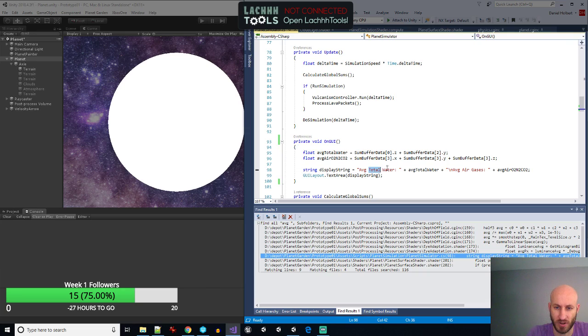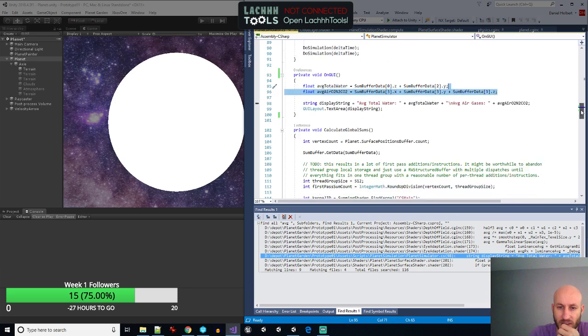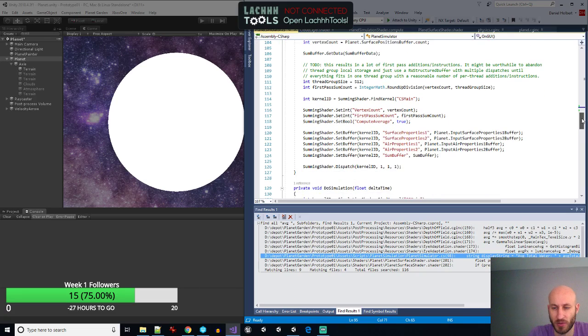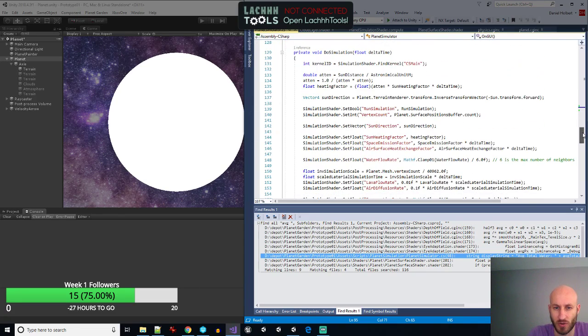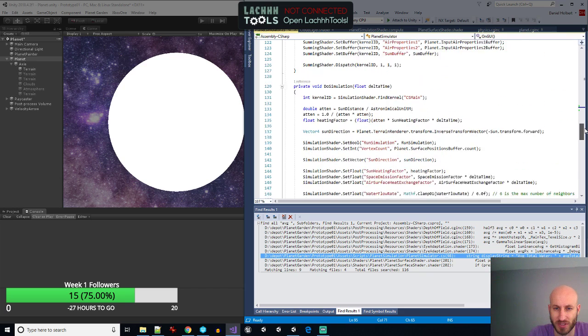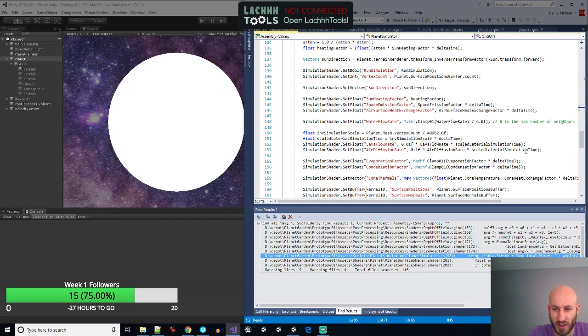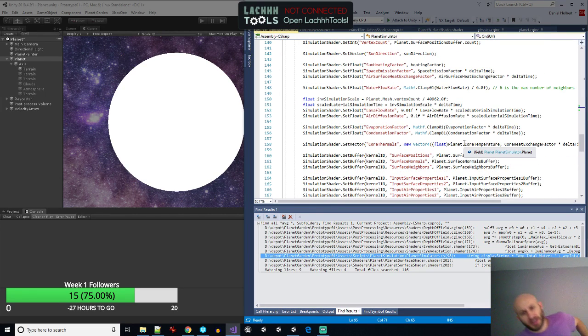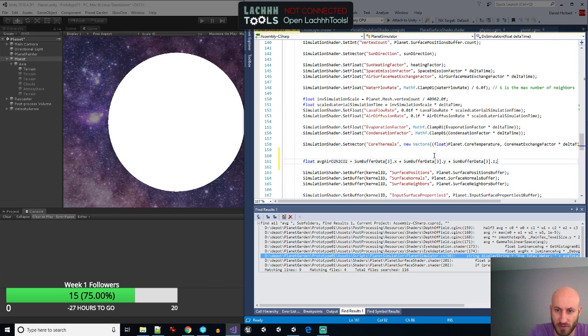Well, this is water on the land too, but I can take this and calculate what's my average air pressure across the whole planet, and then pump that into the shader. For the time being it's only for my purposes, but like I said, if I put some of these cool visualizations into the actual game, it could be useful.